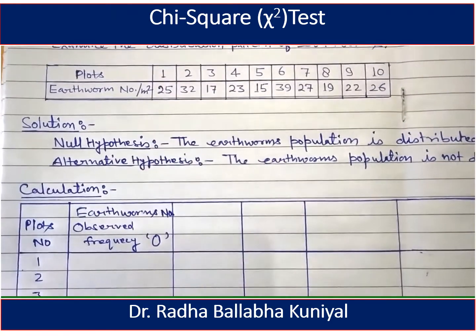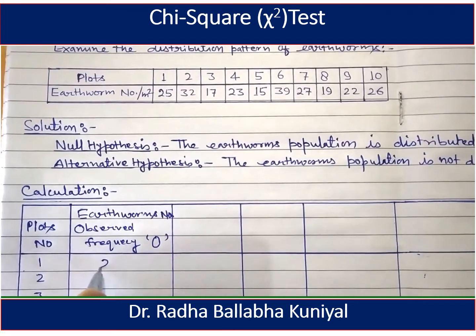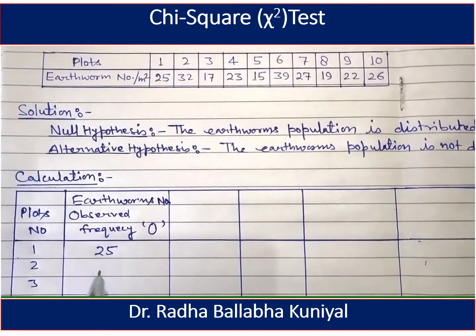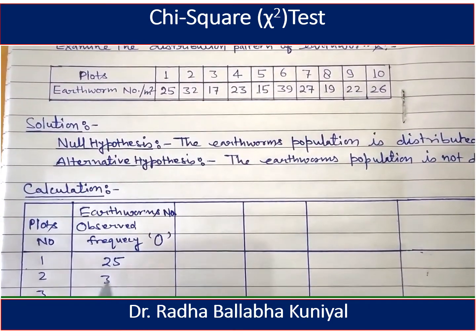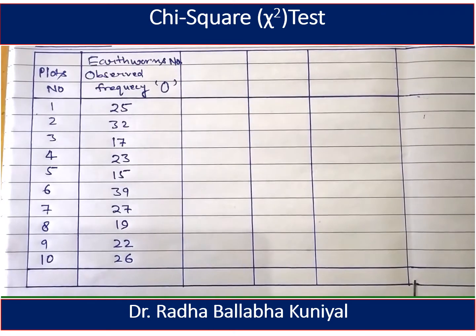Here in the first plot we obtain 25 earthworms, in the second 32, and likewise we will add.